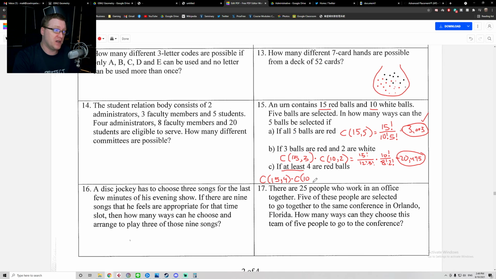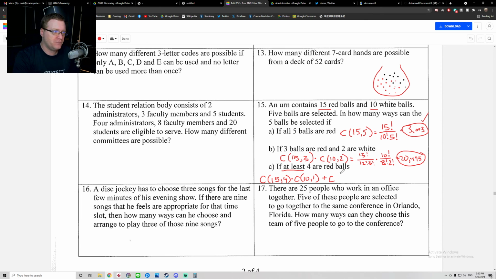So that'll be 10 choose 1. Out of the 10 white balls, we're going to choose 1. So this is how many ways there are to get 4 red balls. And now we're going to add getting 5 red balls.